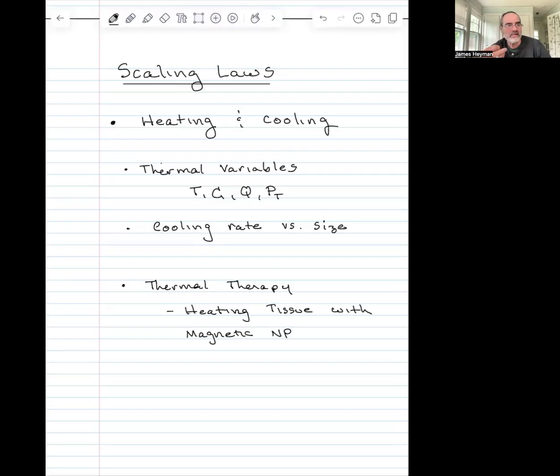If the nanoparticles are decorating a tumor or some diseased organ, then we can heat it up and destroy that tissue, hopefully without destroying everything else.